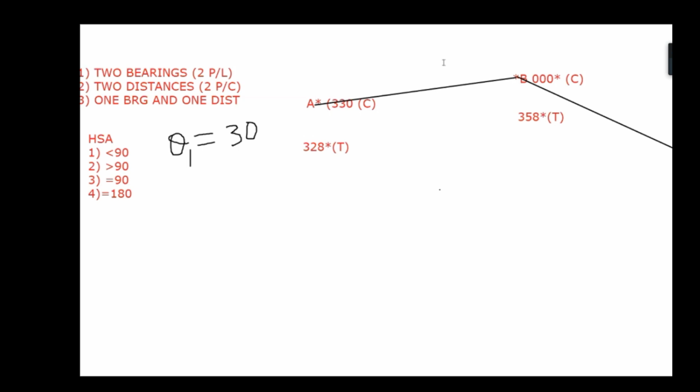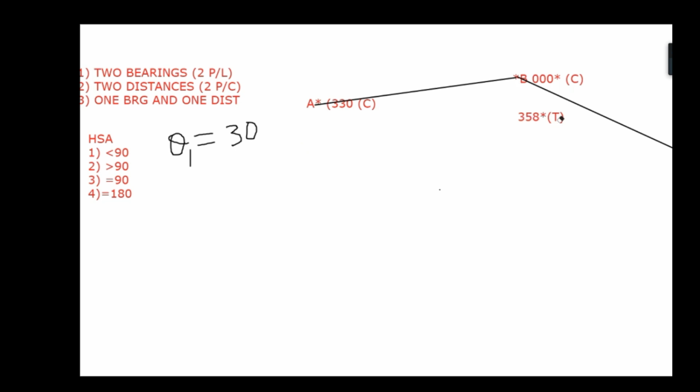So if one bearing is 330 and the other is 020, what will the angle be? 330 to 0030 is 30, and 00 to 20 degrees is 20. So 30 plus 20 will be 50.